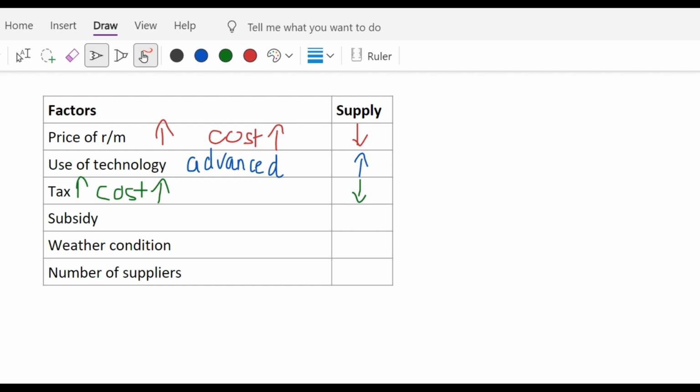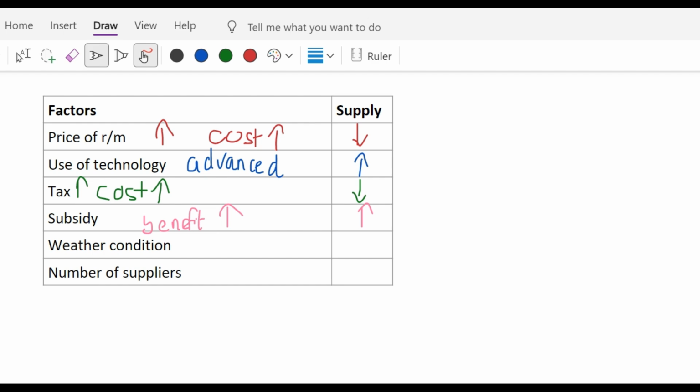Since it's a benefit, a grant, then suppliers will supply more. Because producing products become cheaper since there is a grant. So I would supply more.